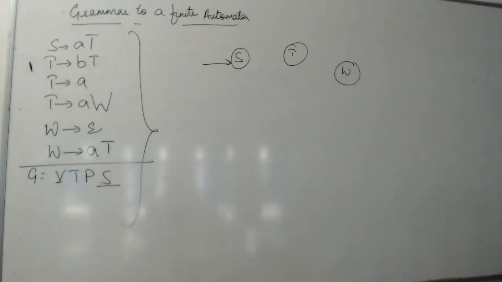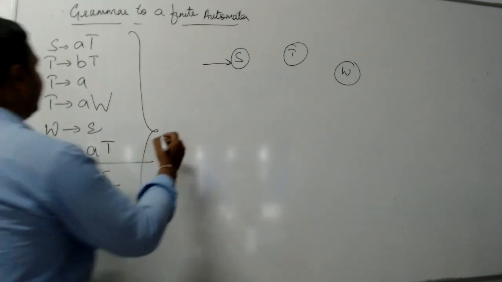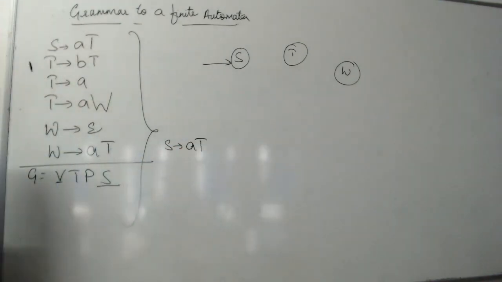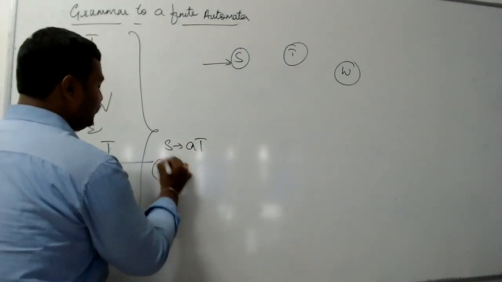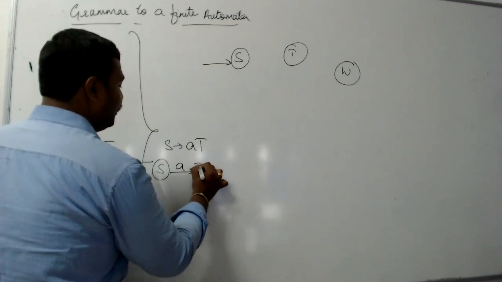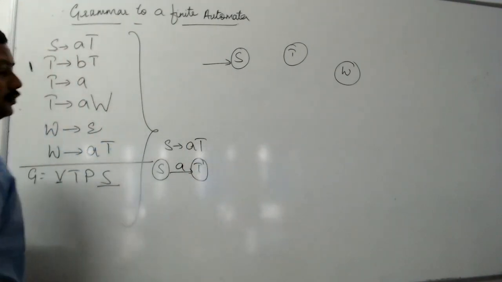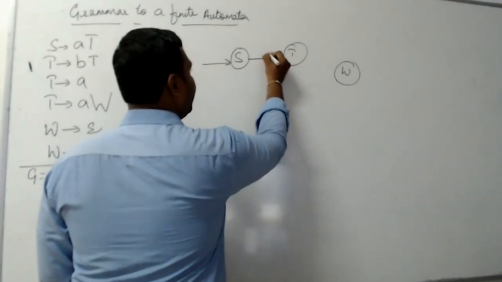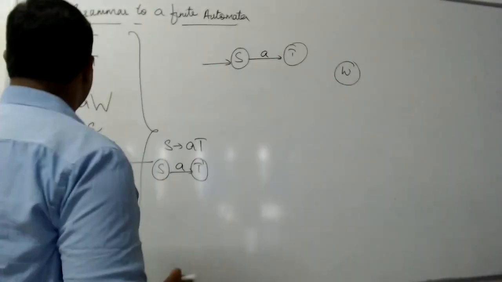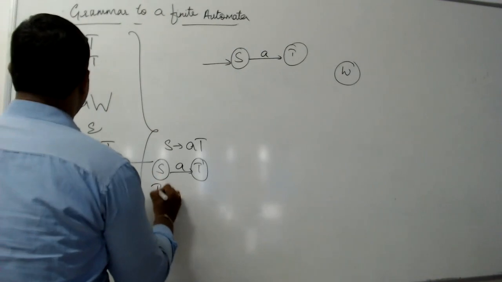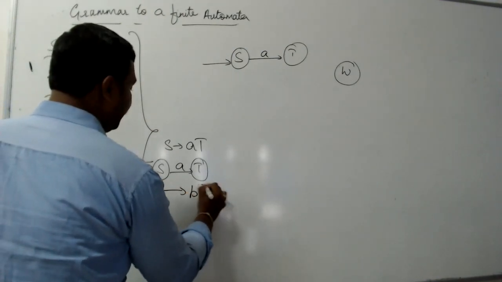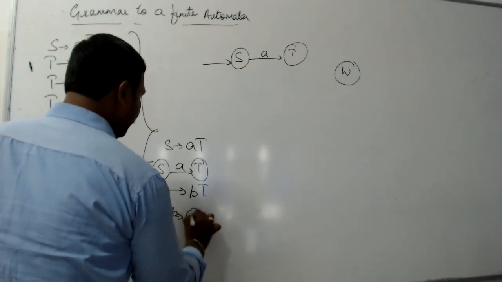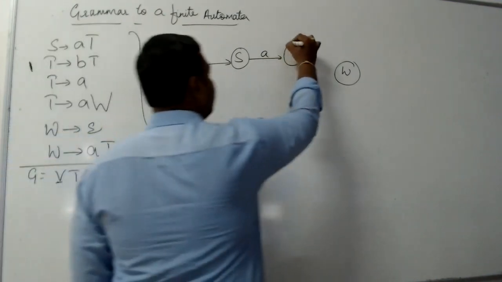Next we move on to production. So first production: S tends to AT. So what will be the production for this? S upon A to T. So S upon A to T is there, right? So we do that indirectly. Next, T upon B to T. So T upon B to T, so this will be a loop.